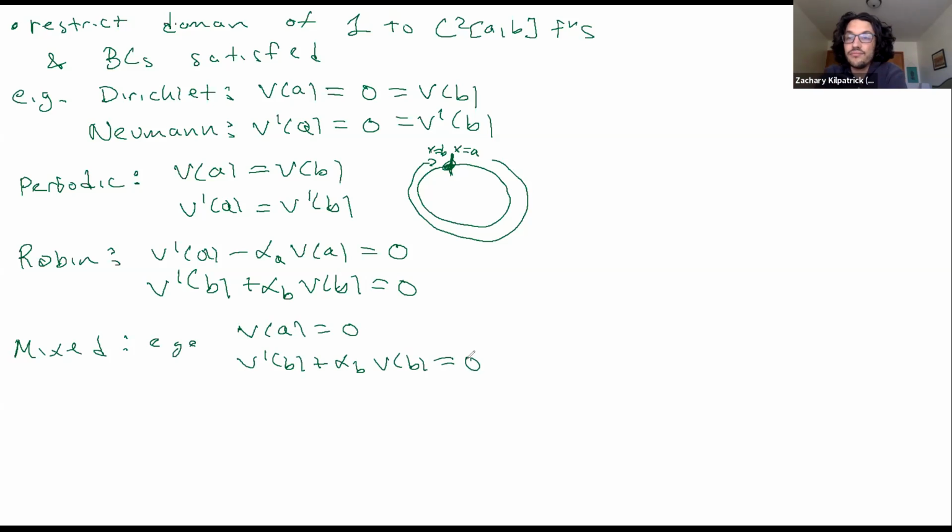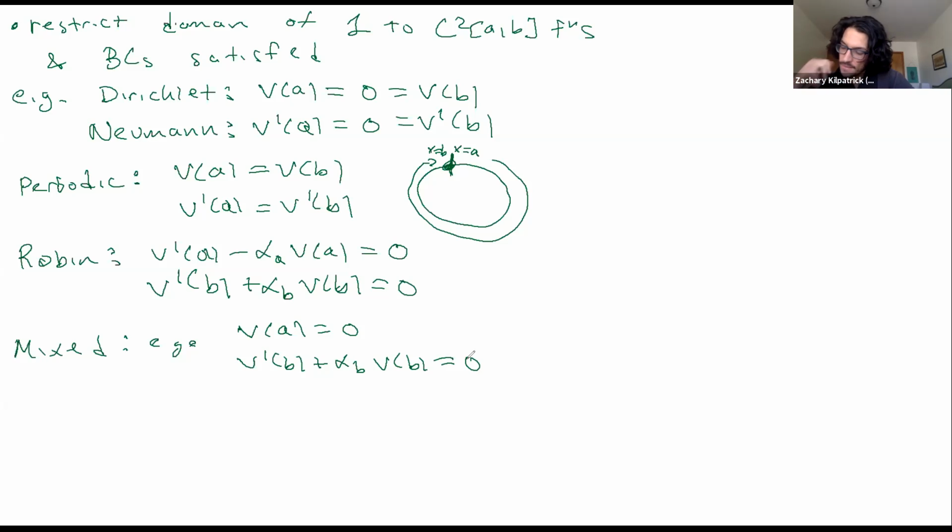So you have a Dirichlet on the left end and a Robin on the right end, or you could have Dirichlet on the left end and then Neumann on the right end. So you have absorbing on one end and no flux on the other end. And these could be physically motivated for your particular problem. In general, you might expect to encounter problems where you're going to have these mixed boundary conditions.